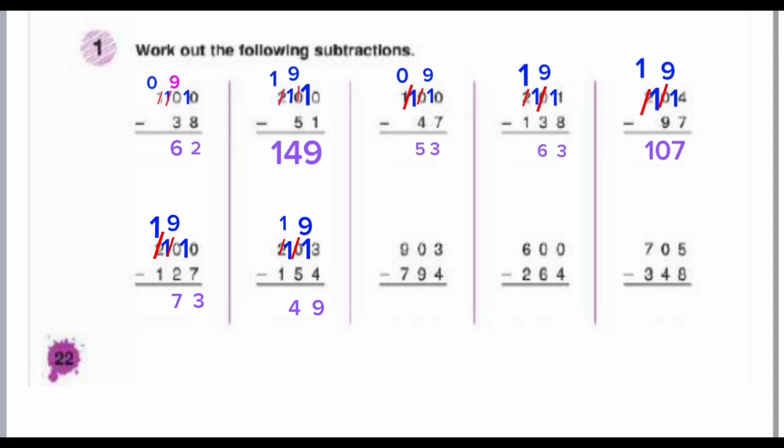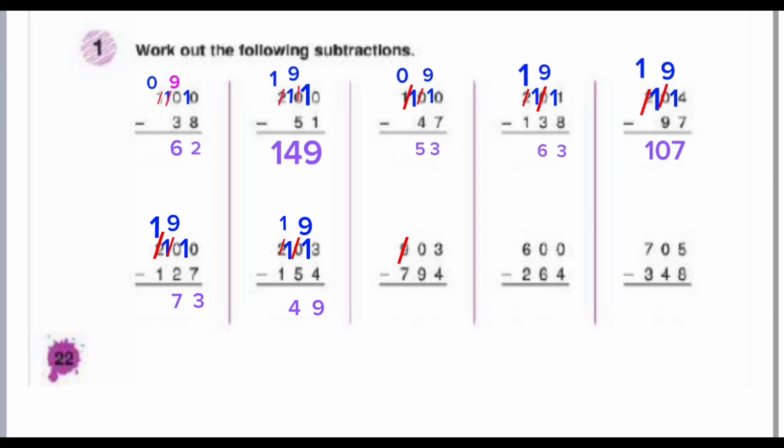Operation 8. 903 minus 794. Okay. 3 minus 4, we can't subtract 4 from 3. So 3 must borrow. But the tens digit is 0. So the 0 will borrow from the hundreds.